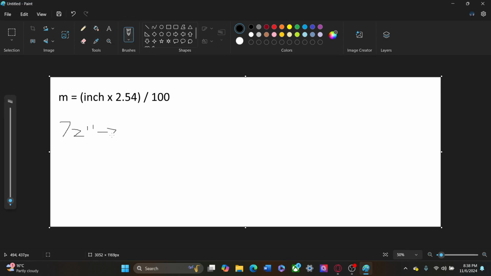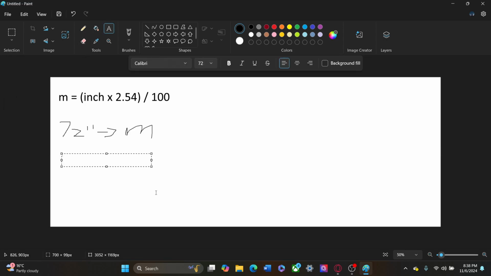So we're going to get 72 into meters, okay? So now what we have to do is our meters equal our inch, which is 72 as we know right now, times 2.54. Divide that by 100, okay?